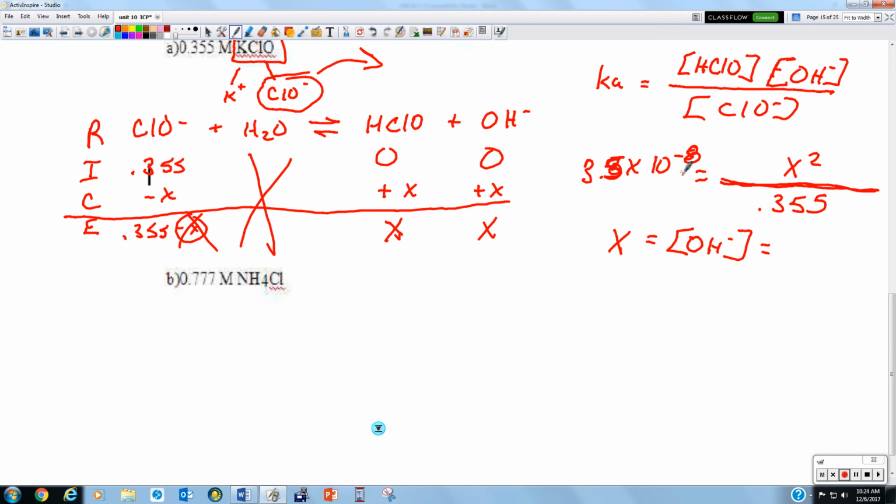Delete second E, negative 8, times 0.355 equals, second square root, second answer.